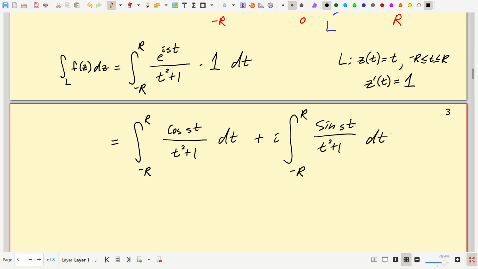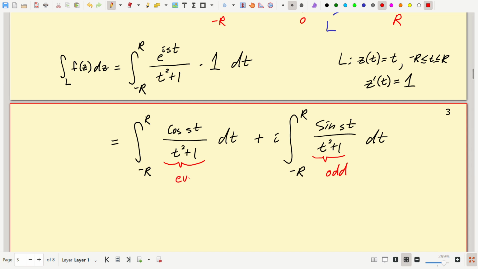Sine is odd, and t squared plus 1 is even, so that's an odd function divided by an even function. This is odd. And this one is even: cosine is even, and t squared plus 1 is even.